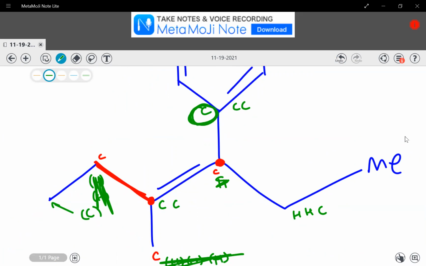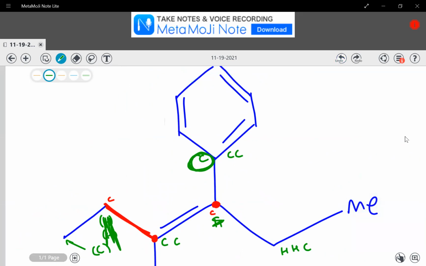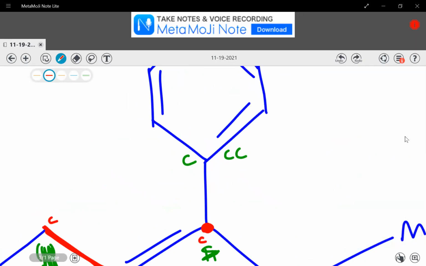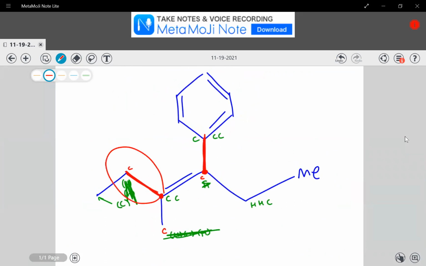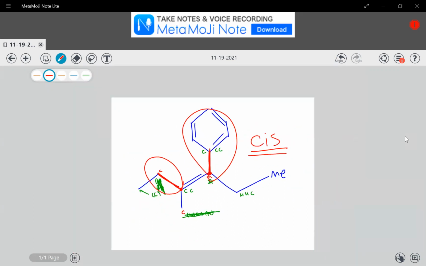It's got the most heavy atoms. So this thing right here is going to be our main group. Take our red, move it up, two main groups. They are facing each other, and this is cis. Bam, there we go.